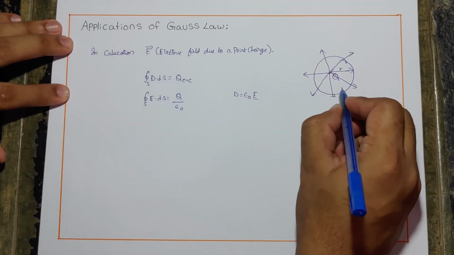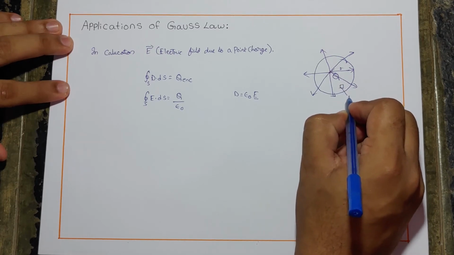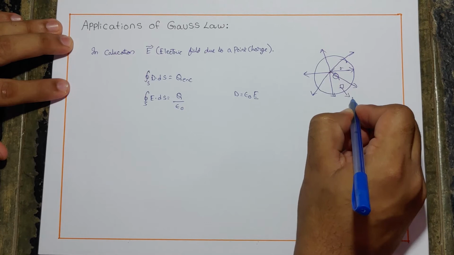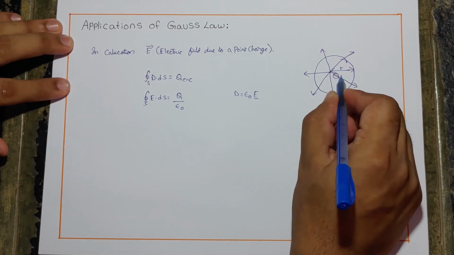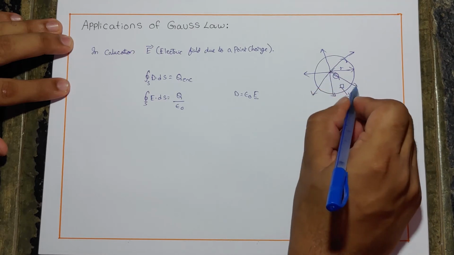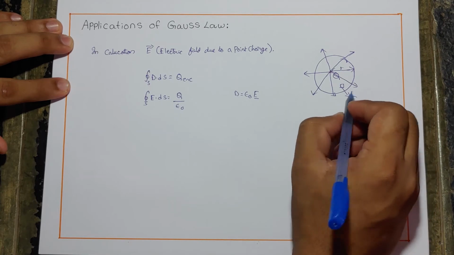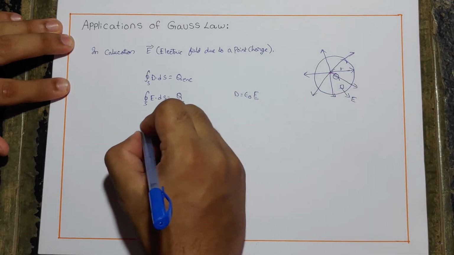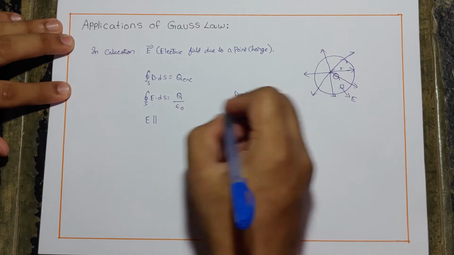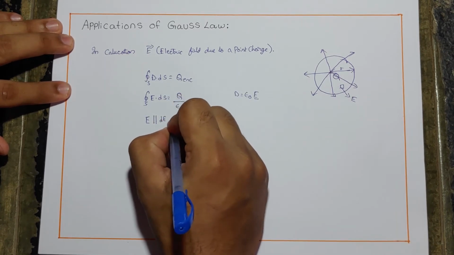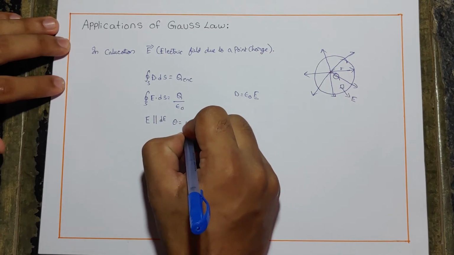Now let us take a differential element, of which the electric field will be outward. The electric field due to the point charge and the differential element direction dS are in the same direction, that is, E and dS are parallel, so the angle between them is equal to 0.